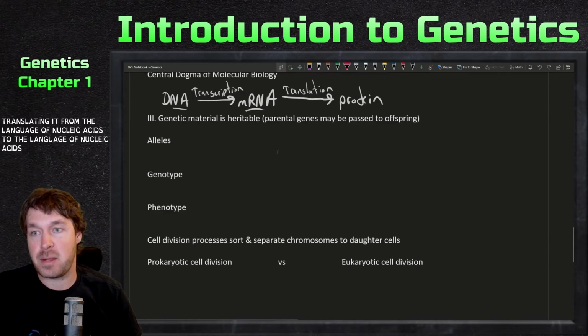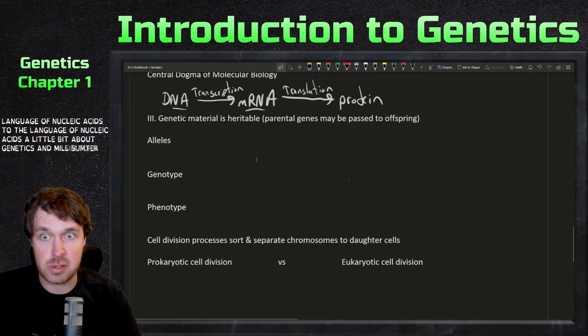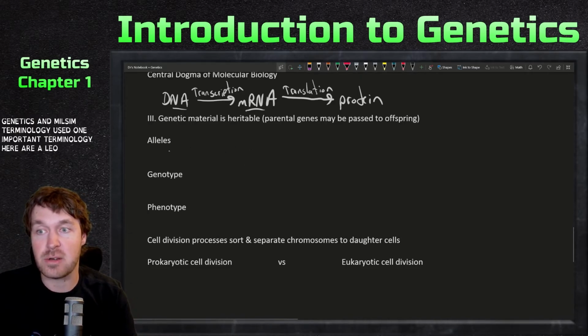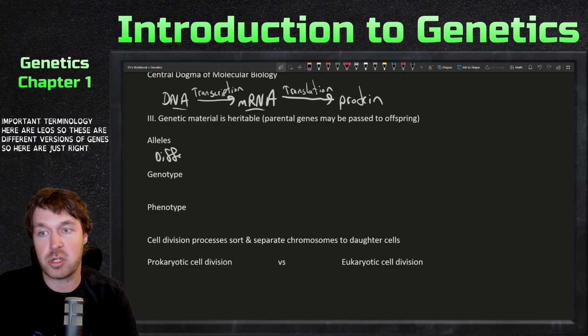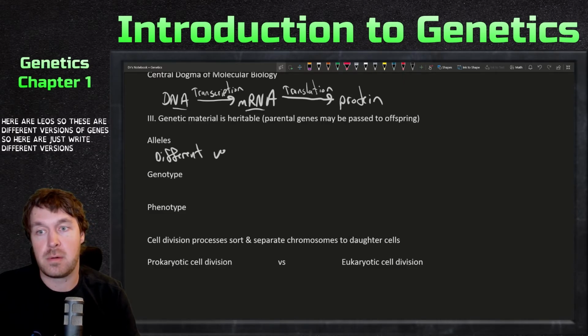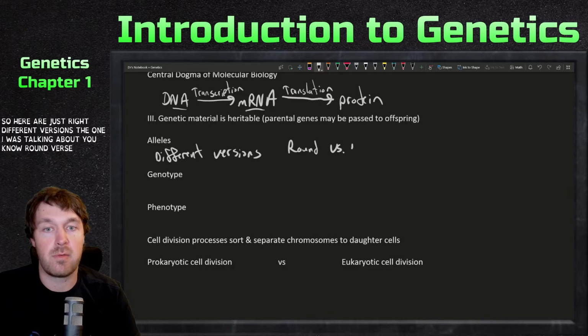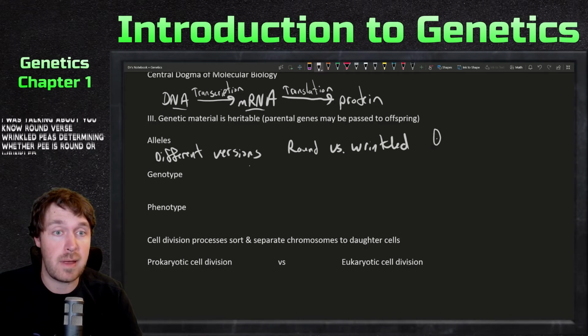Okay, so now a little bit about genetics and some terminology used. One important terminology here are alleles. So these are different versions of genes. So here I'll just write different versions. So when I was talking about round versus wrinkled peas, determining whether a pea is round or wrinkled is found in the same location.